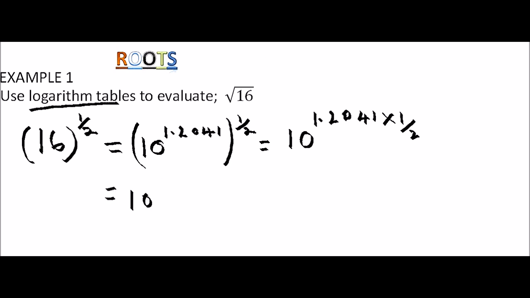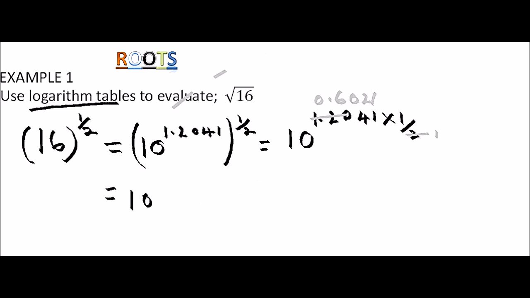Which will give us 10 to power, when you multiply by a half here, 2 divided by 2 is 1. Then here we have 0.602. This is 0, so we round off, we get 1 instead of 0.5.